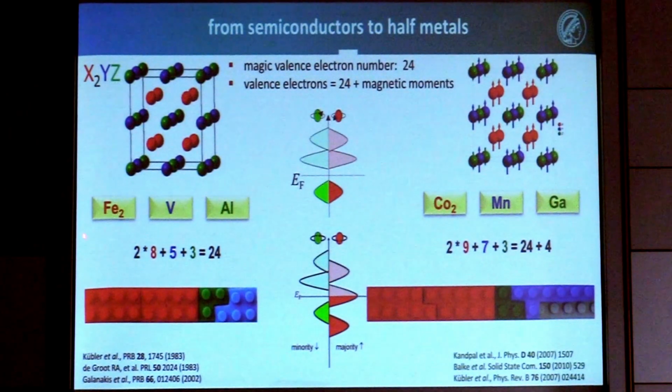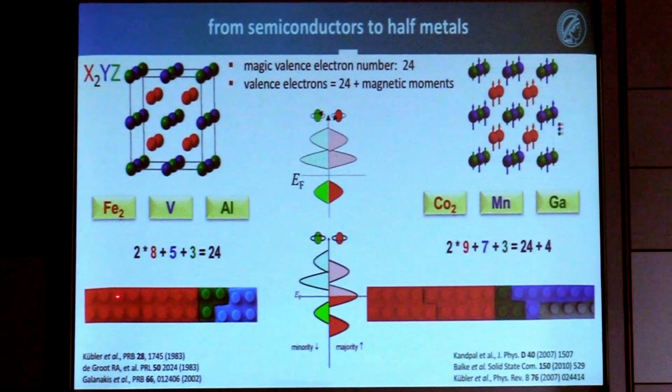The electronic structure has 24 valence electrons here. So we have not only the sp orbitals occupied, we also have some of the d orbitals occupied. But if we think in spin direction, we have 12 electrons in one spin direction and 12 electrons in the other spin direction. And this is a symbolic band structure of Fe2VAl.